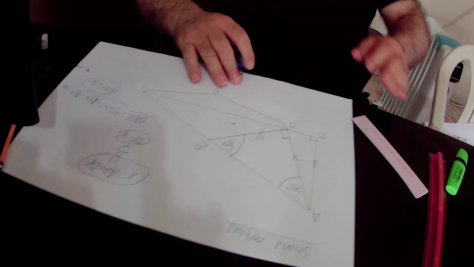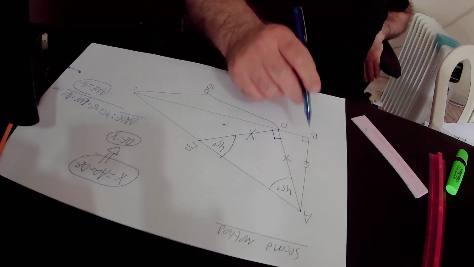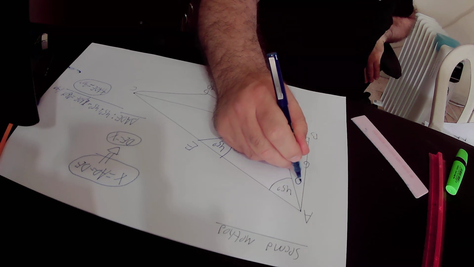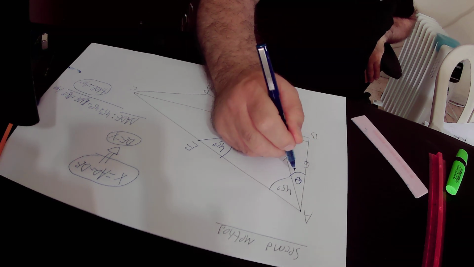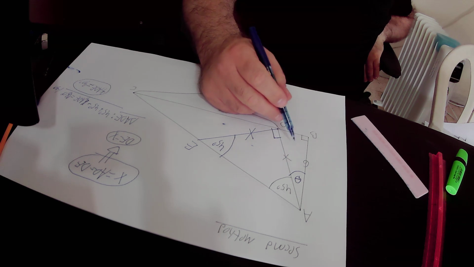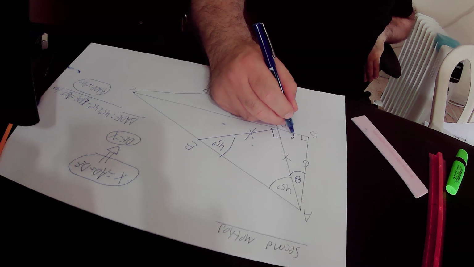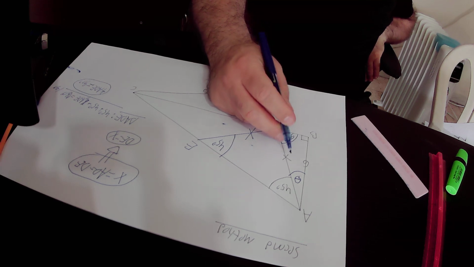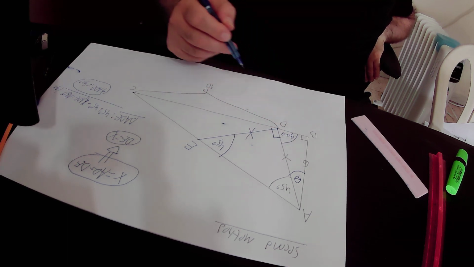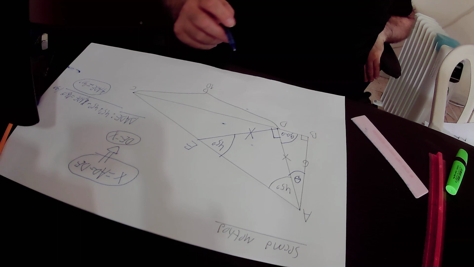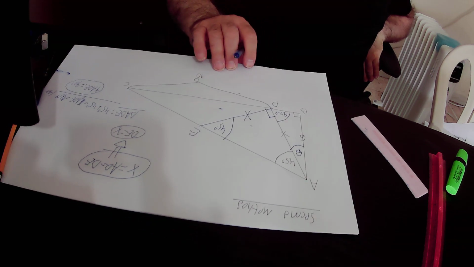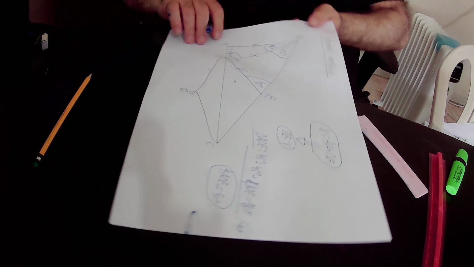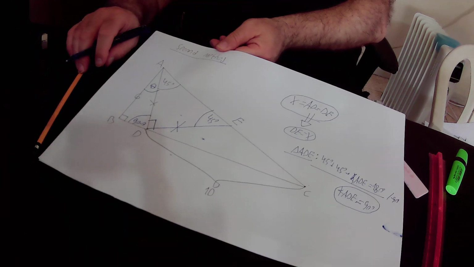In the next step, we define angle BAD in the right triangle ABD as theta. So if this angle equals theta, this angle must be equal to 90 degrees minus theta in order to complete the sum of the angles in triangle ABD to 180 degrees. And we actually know that BC is a straight line. Why?